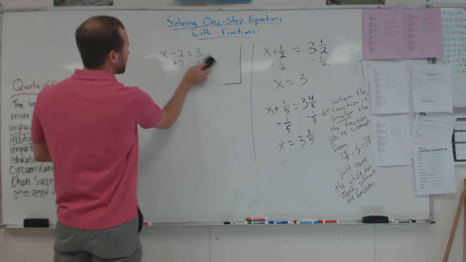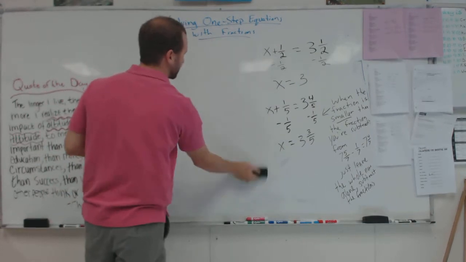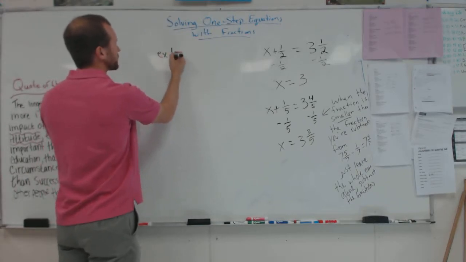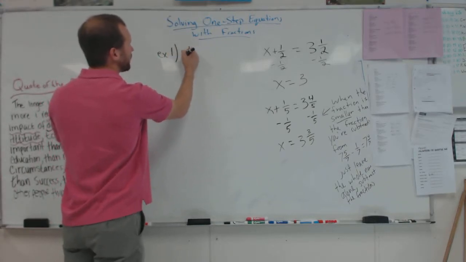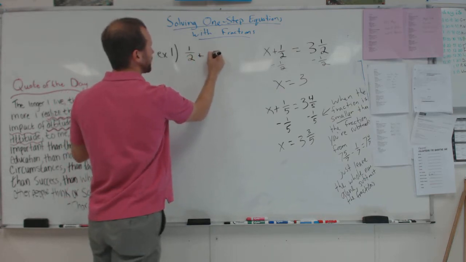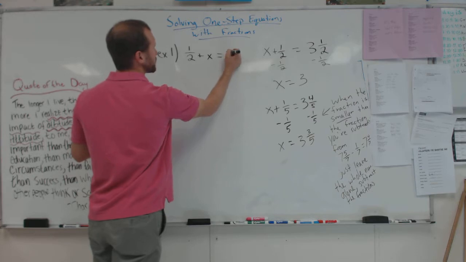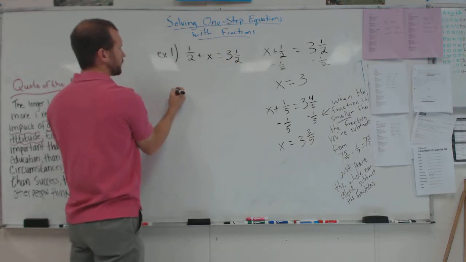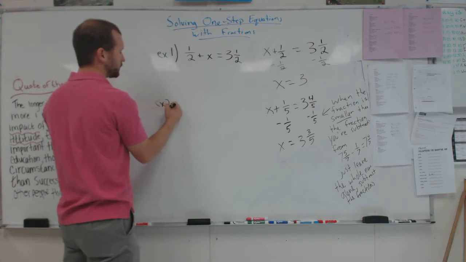Let's go up a level of complexity. So we're going to do 3 example problems. 1/2 plus x equals 3.5. And we're going to do example 2.